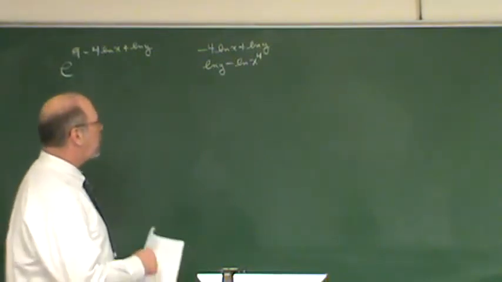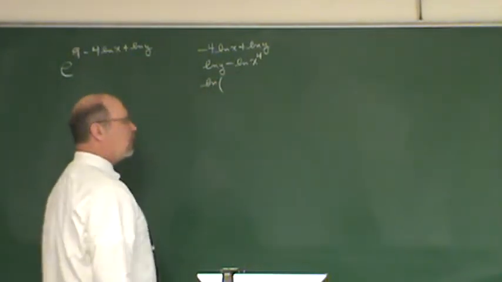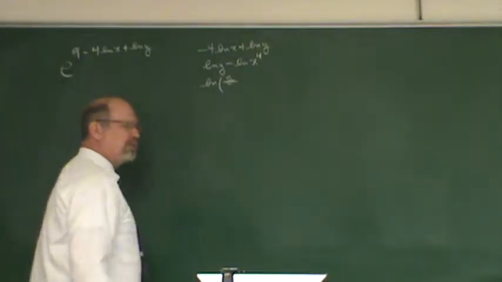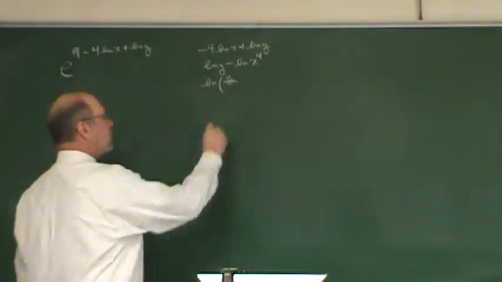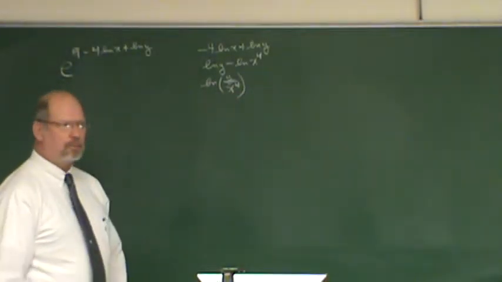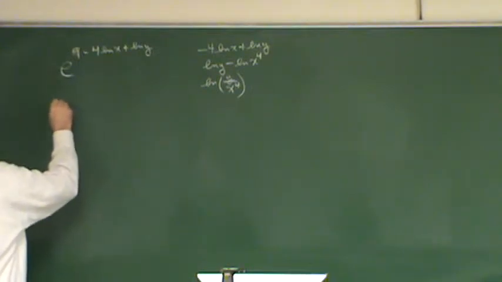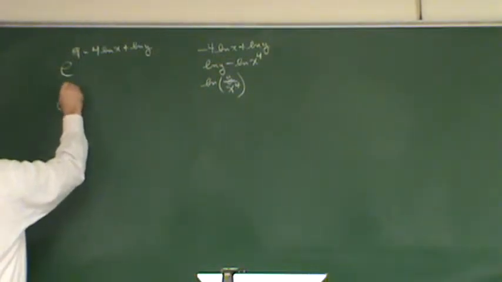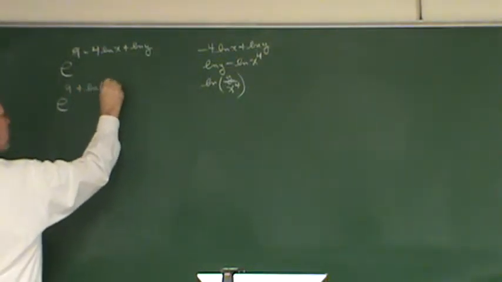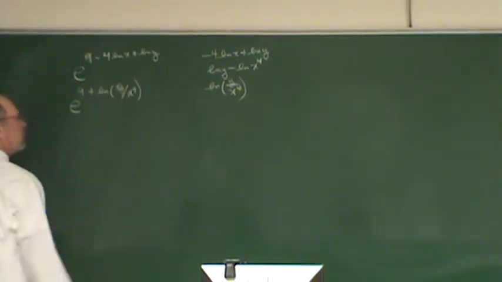Okay? Now, to write this as a single logarithm means the word natural log or log only appears once. Y goes on top because it's positive. X to the 4th goes downstairs because it's negative. Y'all with me? Okay? So, coming back to this problem, we can say this is e to the 9th plus the natural log of y over x to the 4th.